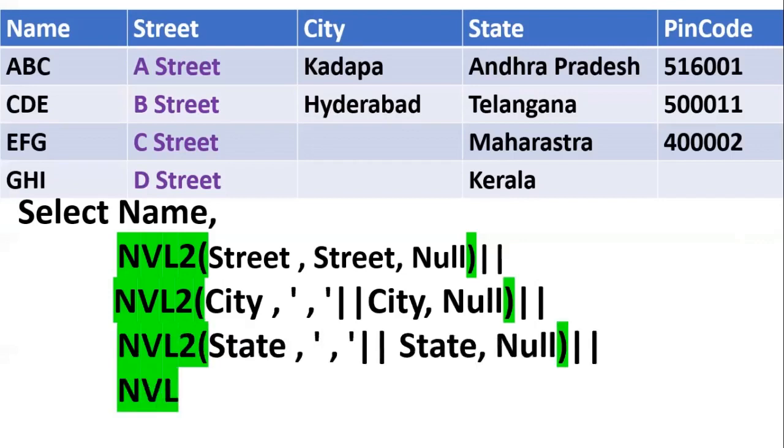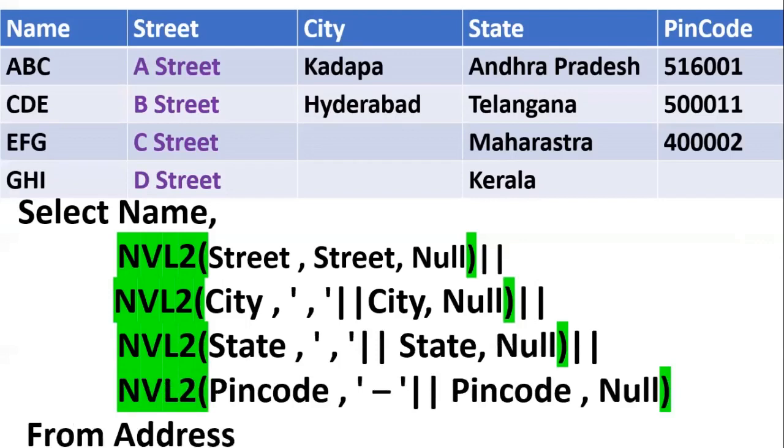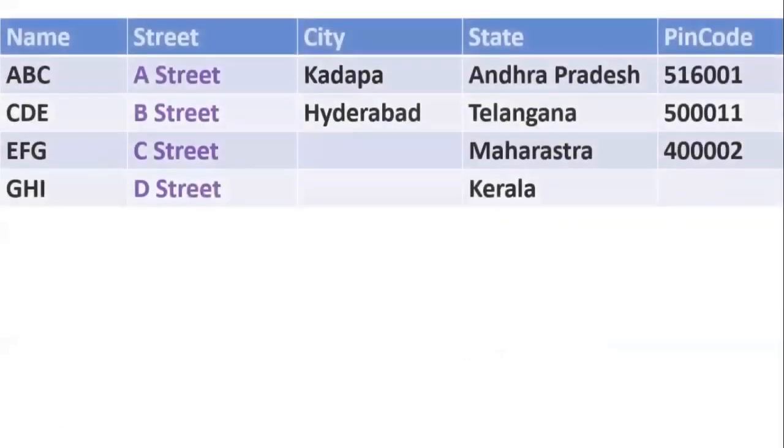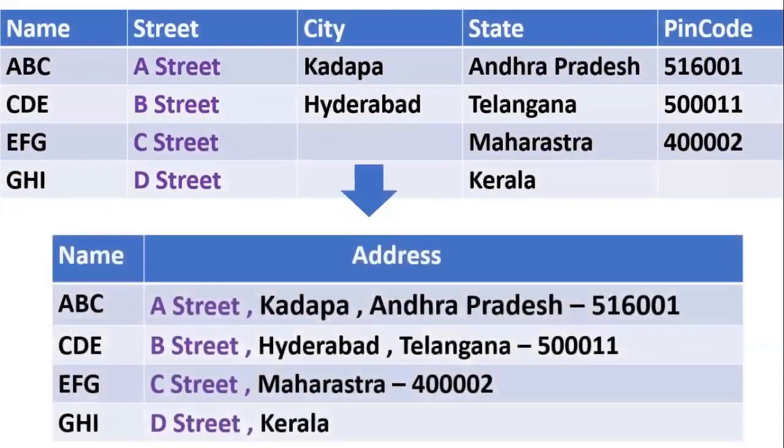So it has no issues. And for the fourth record, we could see that the pin code is not available. So it will display the null value because the pin code is null. It will pick the third parameter, that is null. By using this, we'll get the actual requirement. To handle this, we have used the pipe symbol and NVL2.